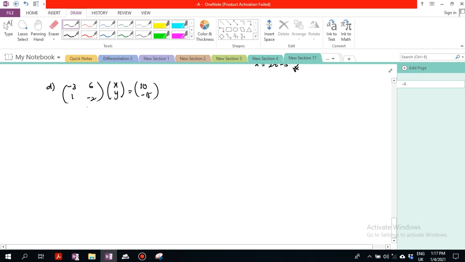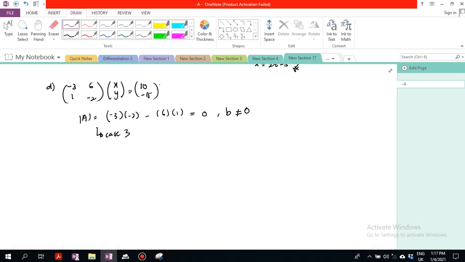Here we know that your determinant is equal to negative 3 times negative 2 minus 6 times 1, which equals 0, and your b is not 0, so this is under case number 3. But because the right hand side is not a multiple of the equation, the solution does not exist, because they are inconsistent. No solution to this set of equations.